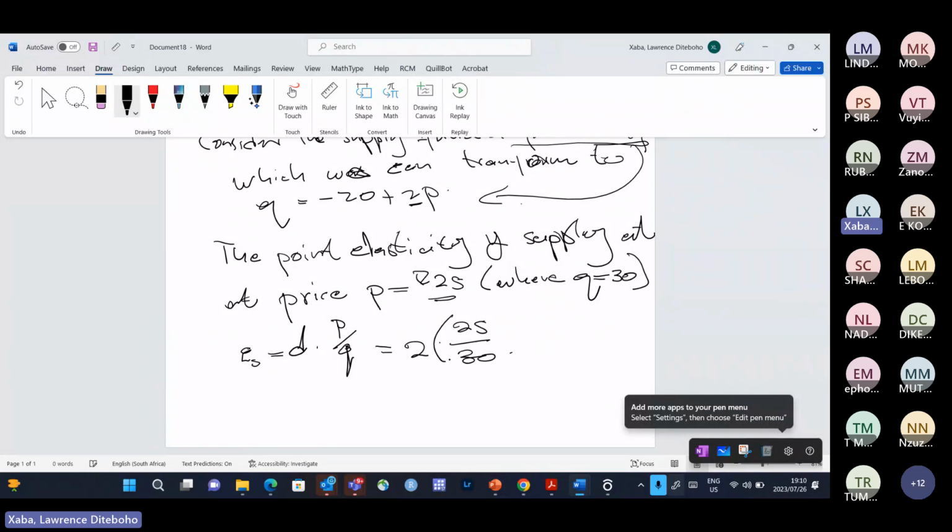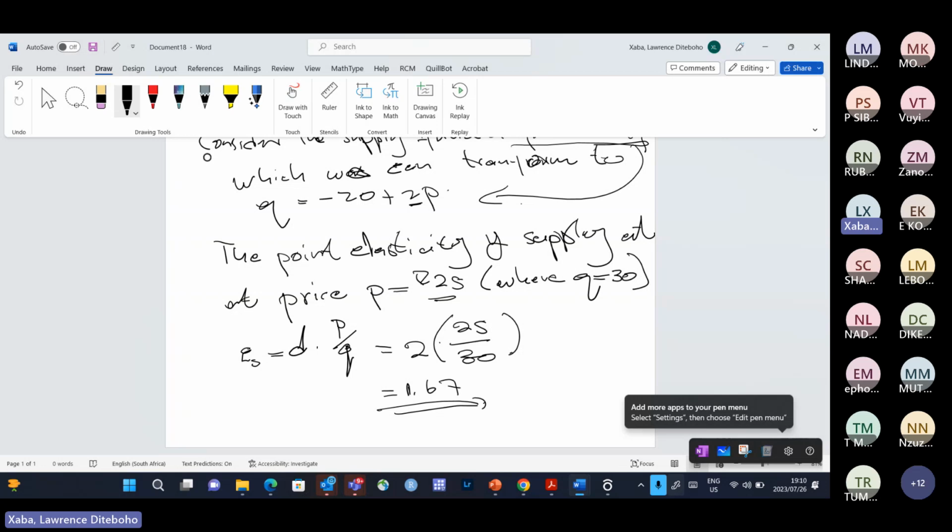We can put the brackets, it's up to you. Then we simplify, and we end up having 1.67.